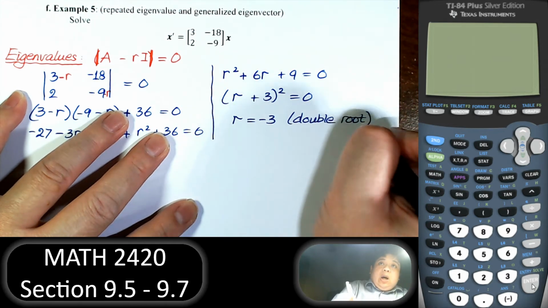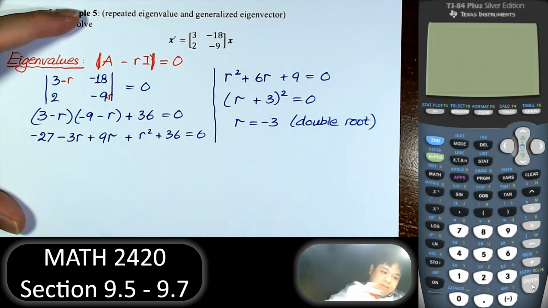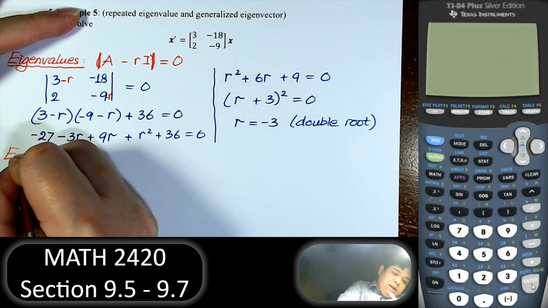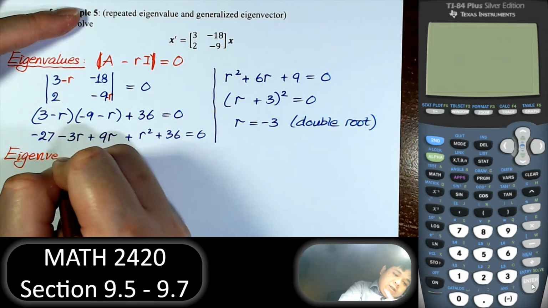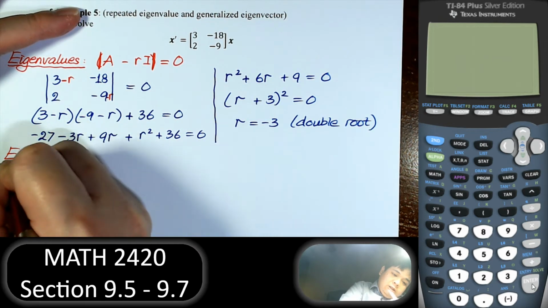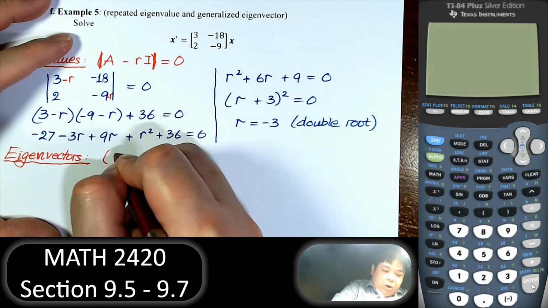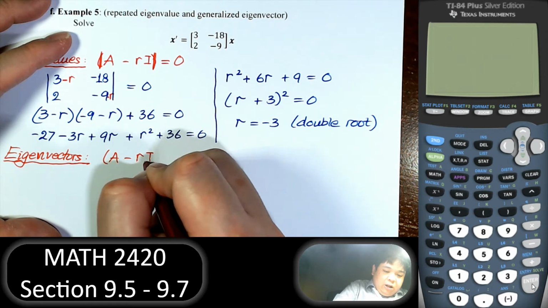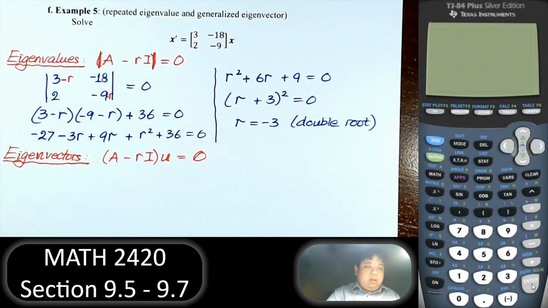So, two equations, we expect to have two eigenvalues, but too bad we only have one here. So what can we do? Right, let's find eigenvectors, which involves solving the equation A minus Ri times U equal to the 0 vector, right?